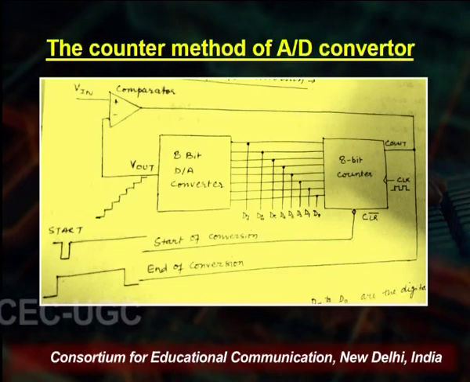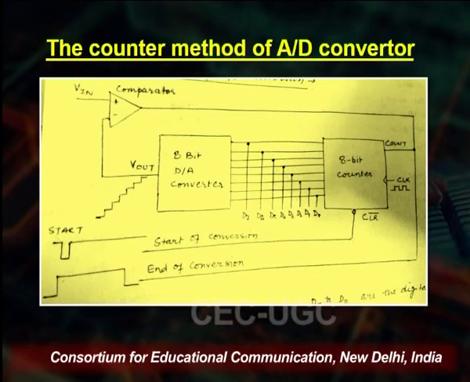So, the output is taken as all zeros. This is again fed to the 8-bit DA converter. This is digital, and it converts into an analog voltage. That analog voltage, with one increment, is fed into the negative terminal of the op amp, configured as a comparator.